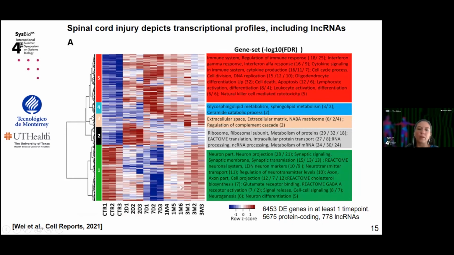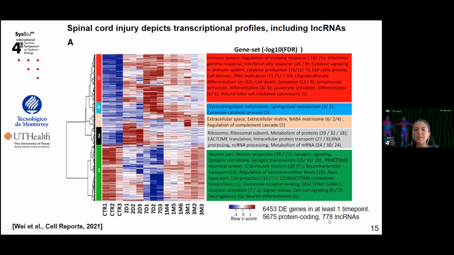We also found patterns of gene expression occurring after the spinal cord injury up to 3 months, so this covers acute and chronic spinal cord injury. Some of them are related to neurons, others to the immune system, so we can see all the functions occurring after this injury.